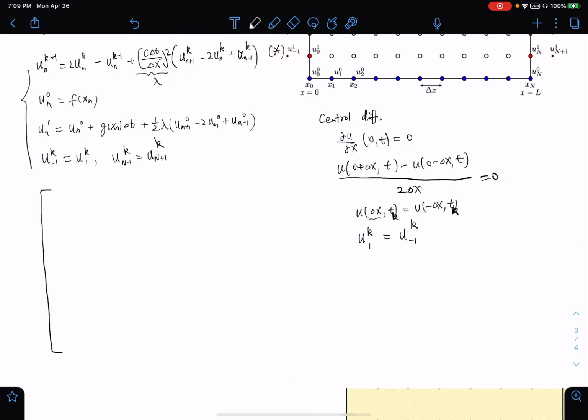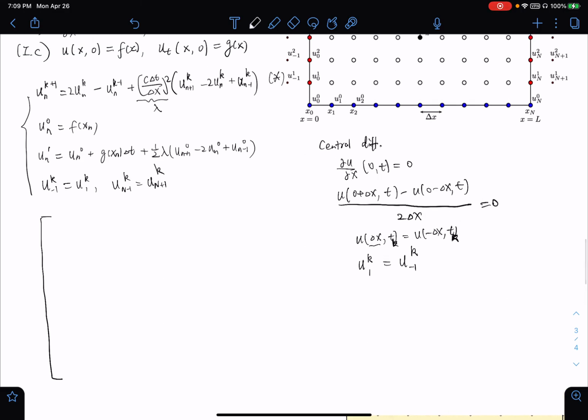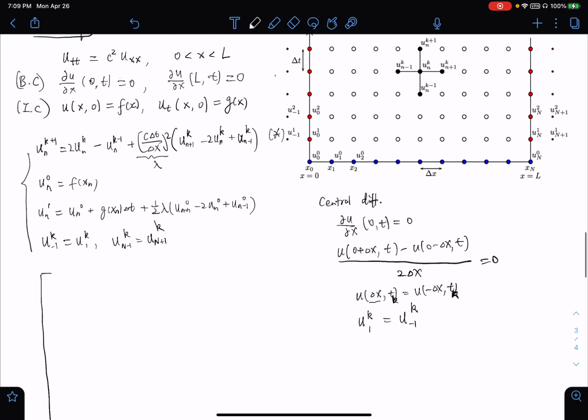So now let us use a larger matrix to store the fictional grid as well, as here and as here. Since we have not plugged these values into the corresponding recursion formula, let us choose to store these values as well.